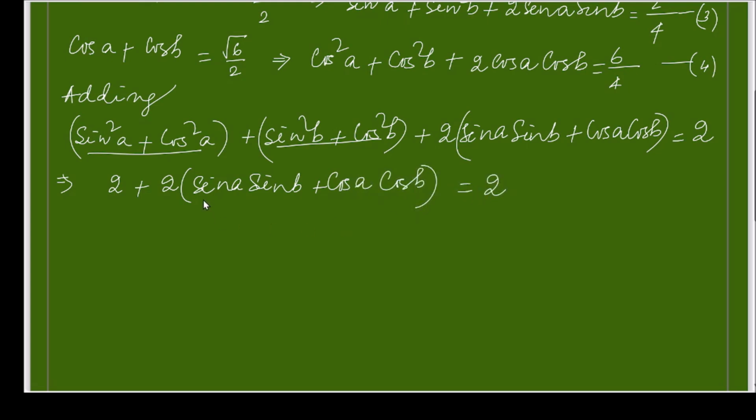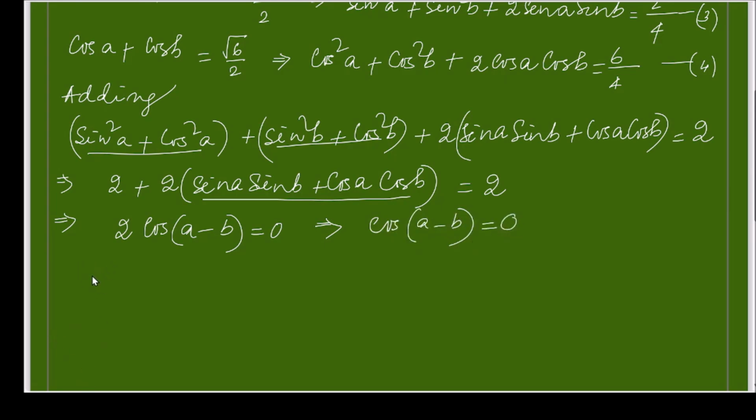On simplification, sine square a plus cos square a gives us 1. This is again 1. So 1 plus 1, 2, plus twice sine a sine b plus cos a cos b is equal to 2. Again we recall the formula: this is nothing but cos of a minus b. So shifting 2 to the right side, it becomes 0. So twice cos of a minus b is equal to 0, or simply cos of a minus b is equal to 0.